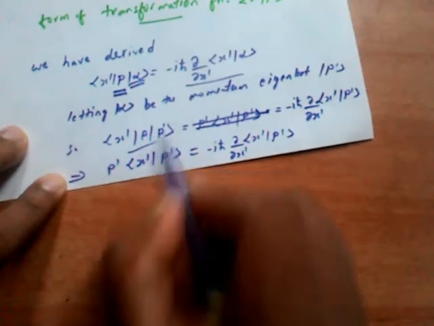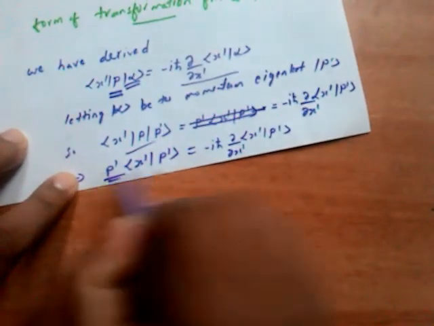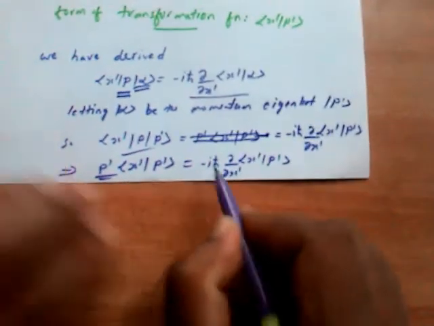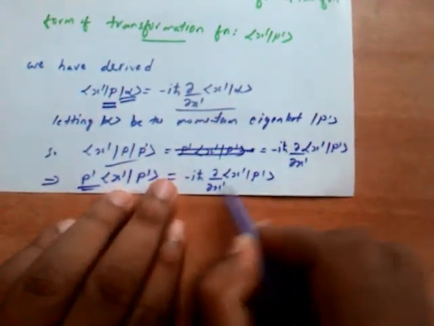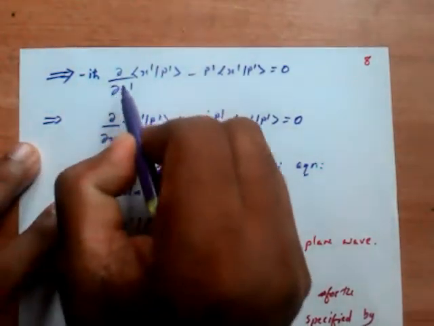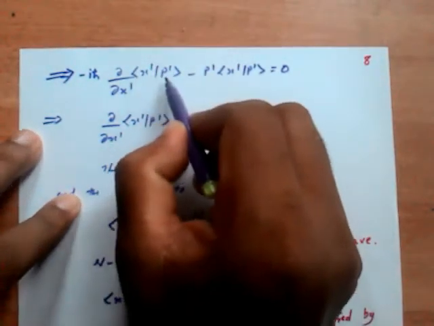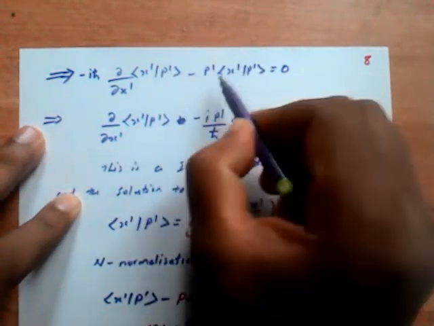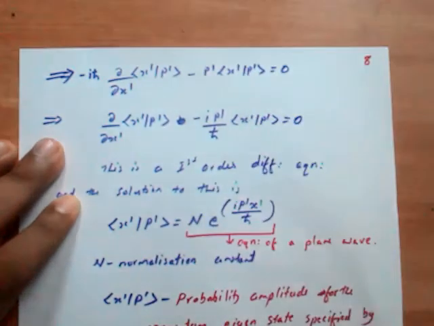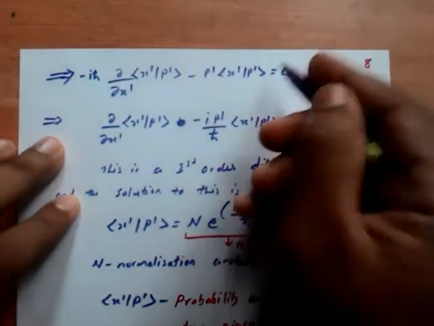That implies p operating on p dash, we will get an eigenvalue p dash times inner product of x dash p dash, equal to minus i h cross dou by dou x dash of inner product of x dash p dash. That implies minus i h cross dou by dou x dash, inner product of x dash p dash, minus p dash, inner product of x dash p dash, equal to 0.